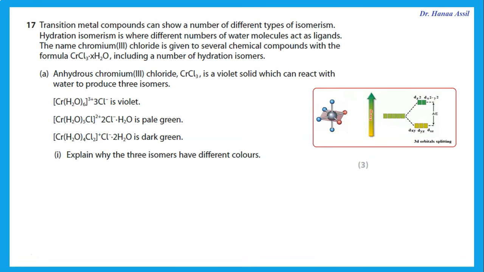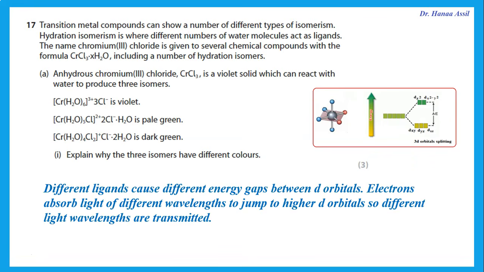Now, when light is passed through, the electrons in the lower energy levels absorb light of different wavelengths in order to jump to the higher d orbitals.